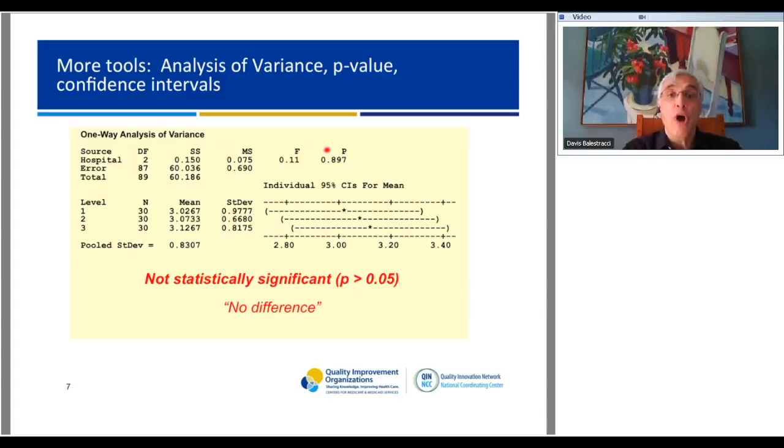And there is your almighty p-value, and the 95% confidence intervals. And from this p-value, since it's greater than 0.05, we can say statistically there is no difference among these 3 hospitals. That's what you might think.